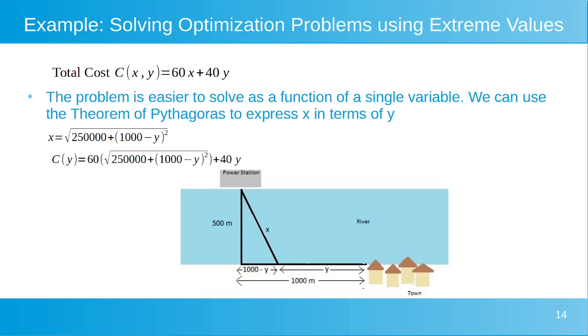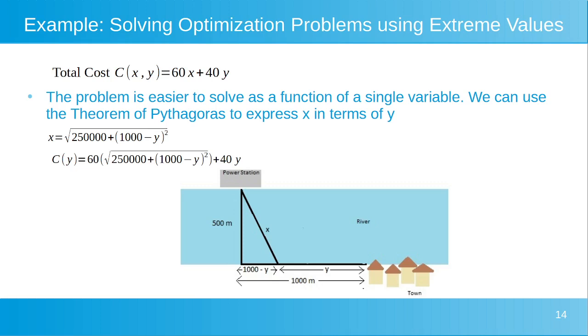The important thing to remember here is that the problem becomes much easier to solve if we express it as a function of a single variable. So we can use the theorem of Pythagoras to express x in terms of y.